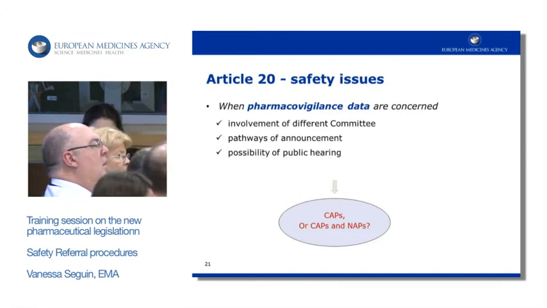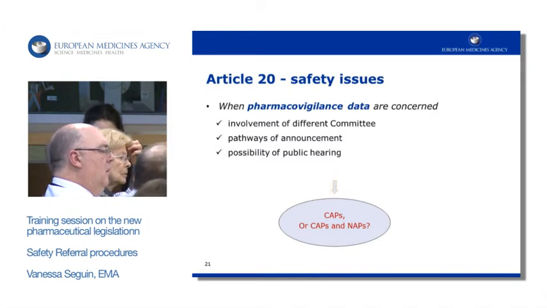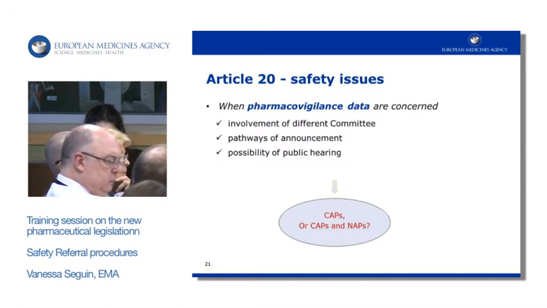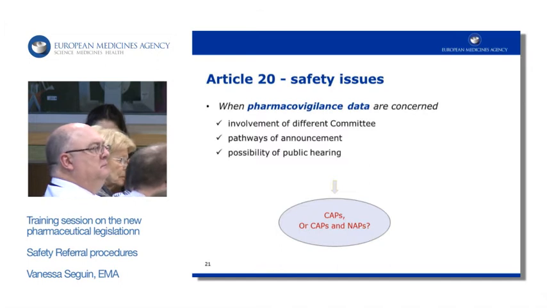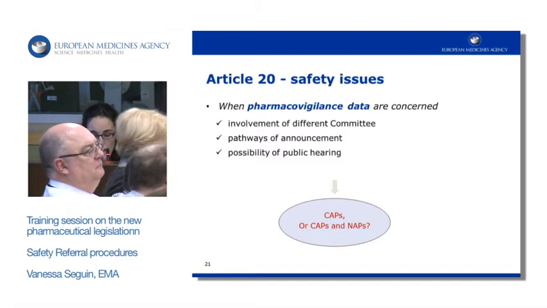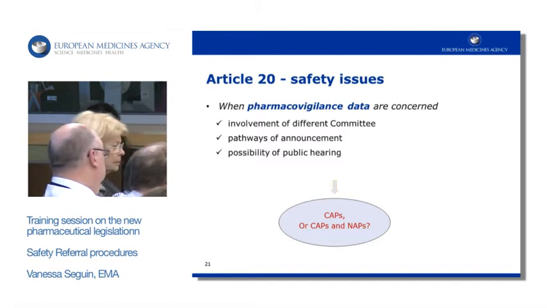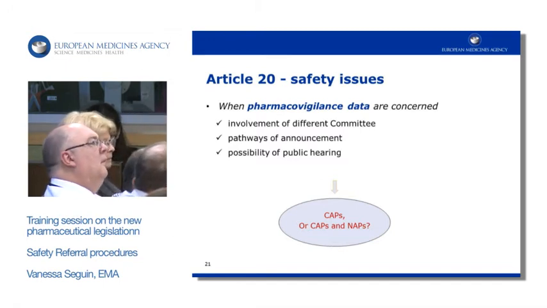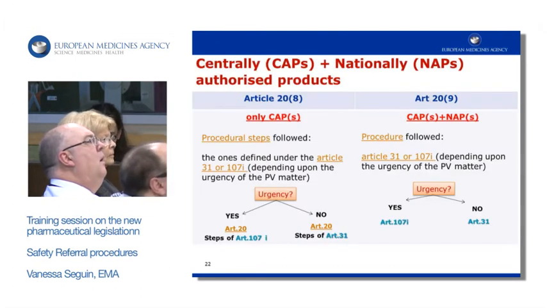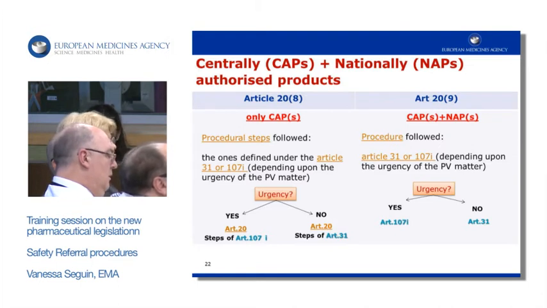So the question to address for the Article 20 safety related is what the marketing authorization is. Is it a CAP, a centrally authorized product, or is the safety concern in relation to CAPs and NAPs, nationally authorized products? That's where it starts to be a little bit complex.